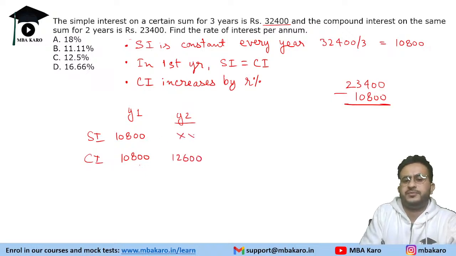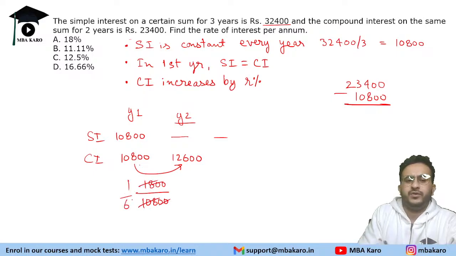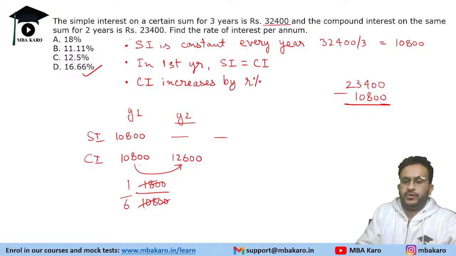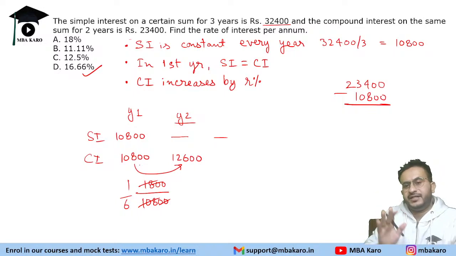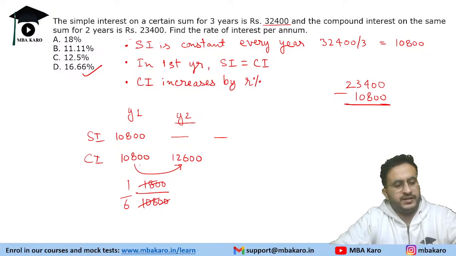Simple interest, we don't need to do anything because every year it is going to be the same only. So what is the increase? The increase is from 10,800 to 12,600. So 1800 increase, and the original was 10,800. So 18 by 108, that is 1 by 6. 1/6 increase means 16.66%. So that is the thing to keep in mind, that compound interest increases by the rate of interest every year.